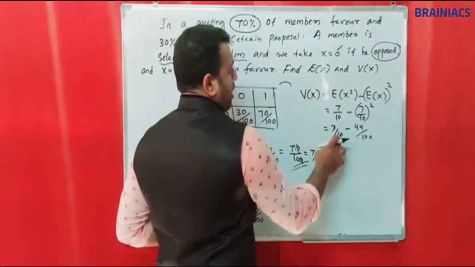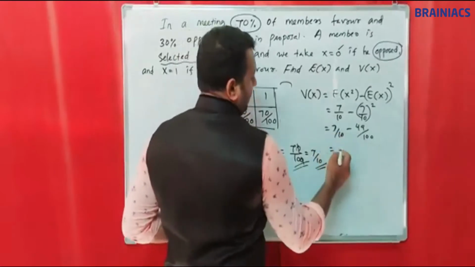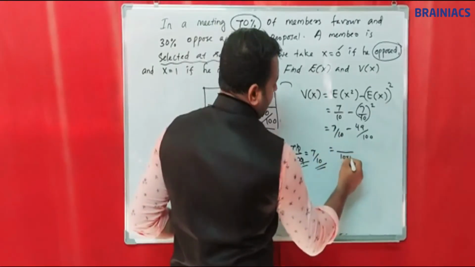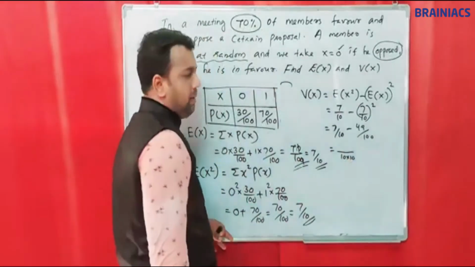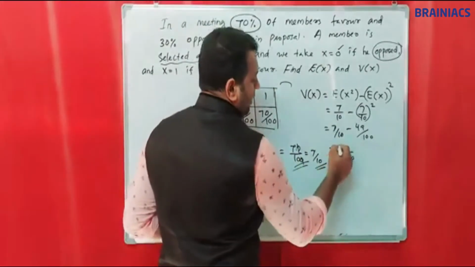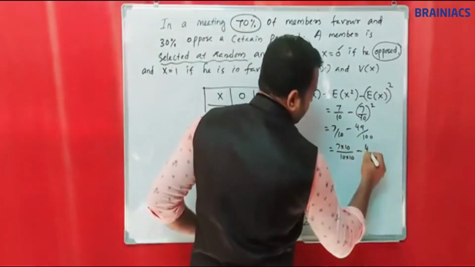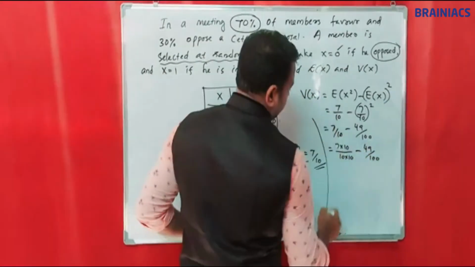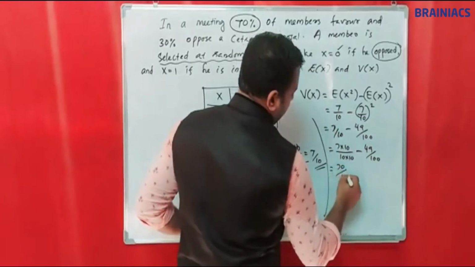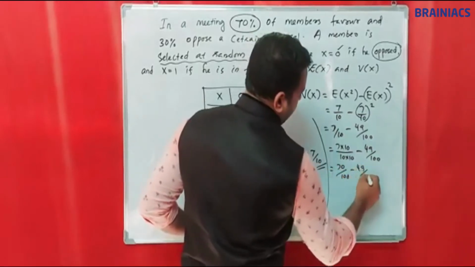Okay. So the answer becomes 7 by 10 minus 49 by 100. Making it a common denominator, 10 is converted to 100 by multiplying by 10, so 7 is also multiplied by 10. So we get 70 by 100 minus 49 by 100.